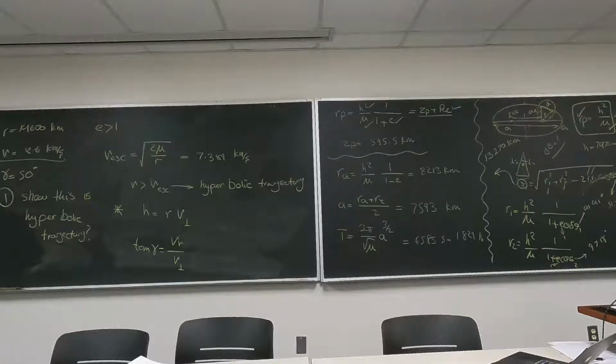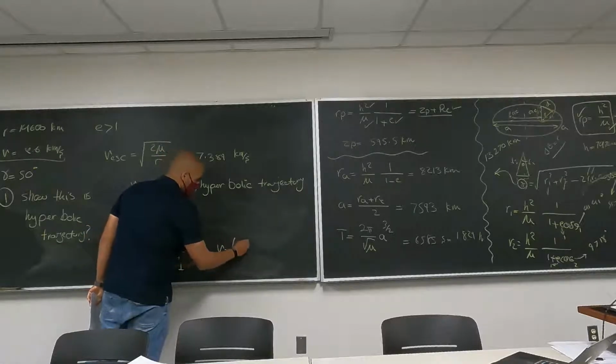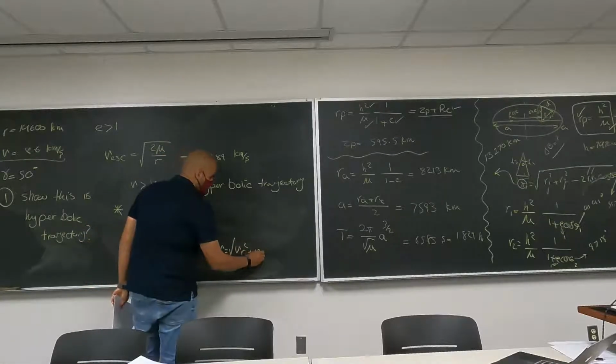These two are projections of V on the tangential and radial axes. So V is equal to the square root of V radial squared plus V azimuthal squared.